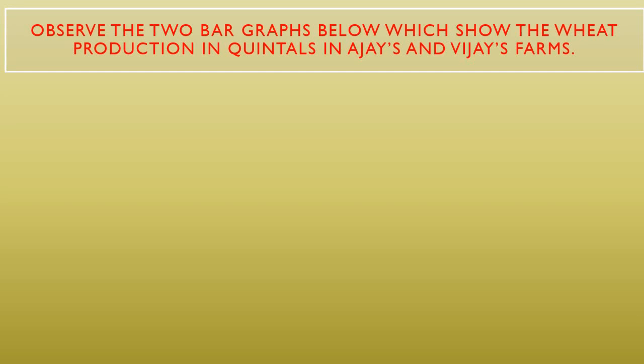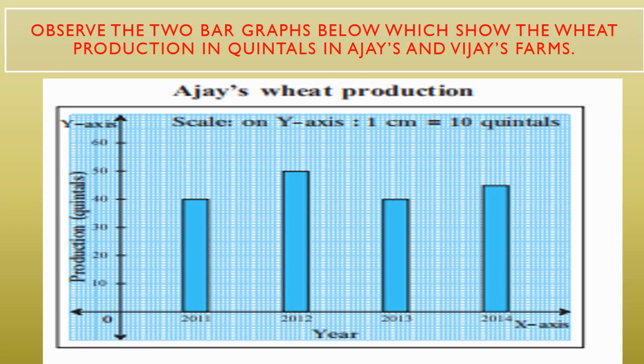Here, students, you have to observe the two bar graphs given below, which show the wheat production in quintals in Ajay's and Vijay's farm. Here you can see Ajay's wheat production. On the left hand side you can see the y-axis, and here you can see the x-axis.